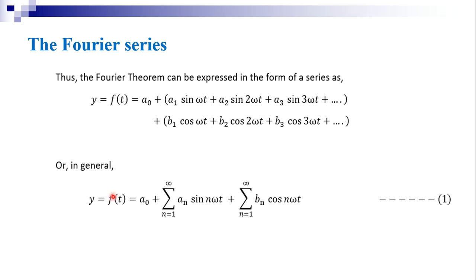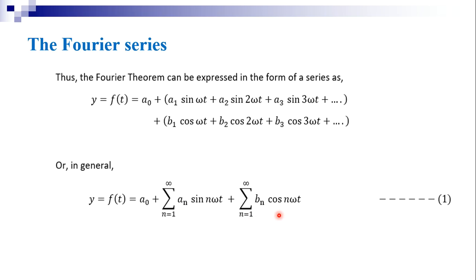In general, the Fourier series can be expressed in the summation form as y is equal to f of t, which is a function of time, that is equal to a naught plus summation n is equal to 1 to infinity of an sin n omega t plus summation n is equal to 1 to infinity of bn cos n omega t.